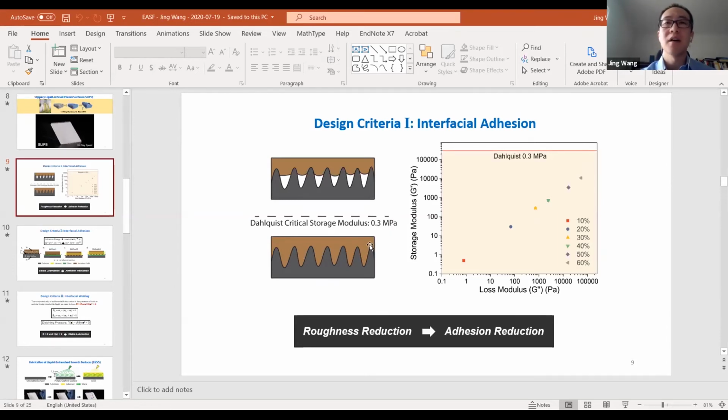But actually, it can be more accurately quantified by the surface topography itself. So basically, 0.3 is kind of a golden line. Below it, most surfaces would have conformal contact. So we consider adhesion only to reduce the adhesion. So we don't want to have any surface roughness. That's the first consideration.